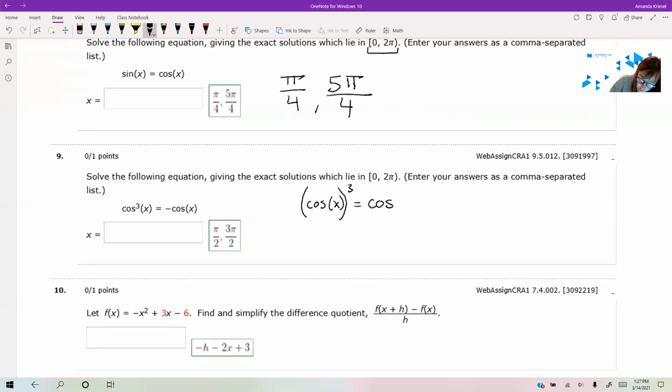When does that equal negative cosine of x? One of the things is, if I take a value and I raise it to the third power, of course, it's still going to retain that sign. I'm really looking at, where does cosine of x, regardless of if I raise it to different multiples, still equal cosine of x?